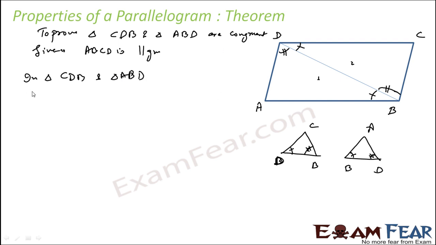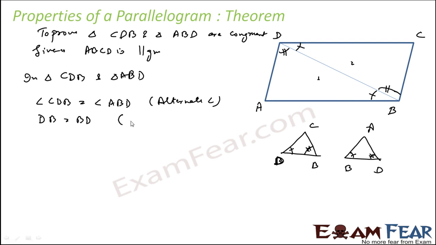So we have already proved it. Now we'll just write. We see that angle CDB is equal to angle ABD because they are alternate angles. Then side DB is equal to BD, common side, and then angle CBD is equal to angle ADB.